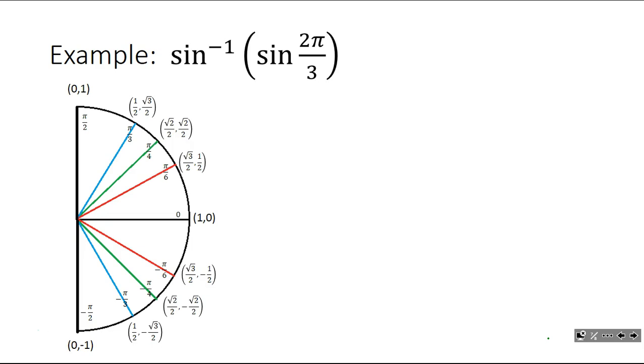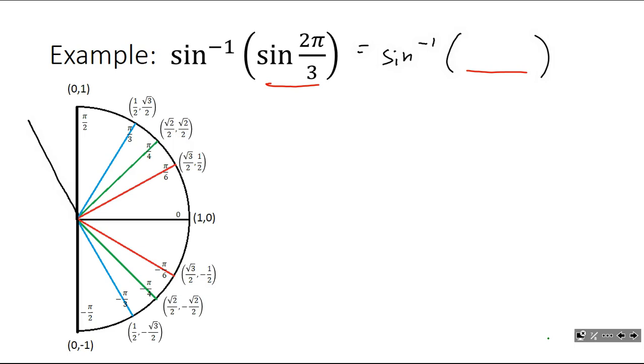Inverse sine of the sine of 2 pi over 3. All right, so first we have to do this part inside. So we'll have the inverse sine, whatever that inner function turns out to be. Sine of 2 pi over 3. Well, I guess we'd have to extend this circle a bit to find 2 pi over 3. 2 pi over 3 would be approximately there.